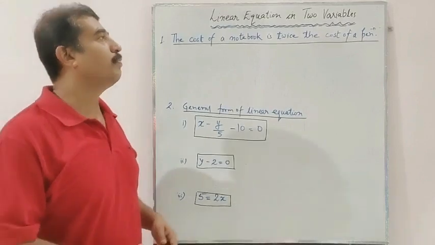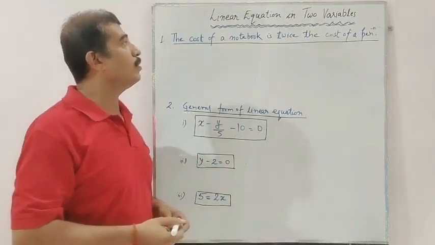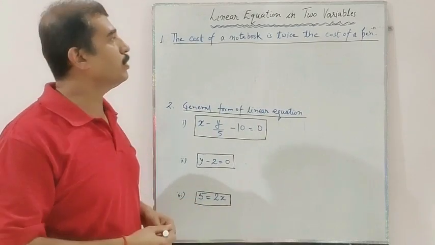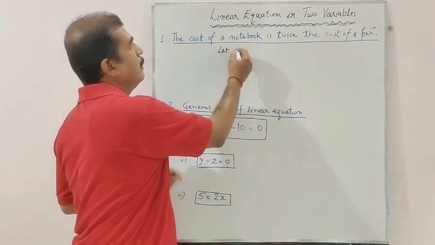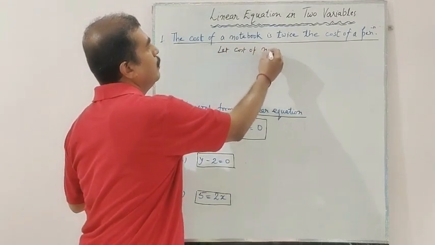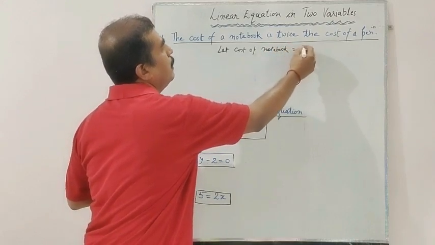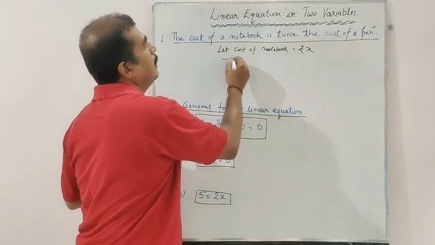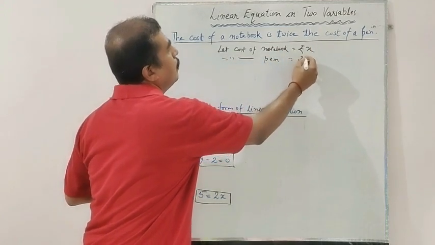Now we will study the formation of a linear equation from a given statement. The given statement is: the cost of a notebook is twice the cost of a pen. So let the cost of the notebook be rupees x and the cost of the pen be rupees y.